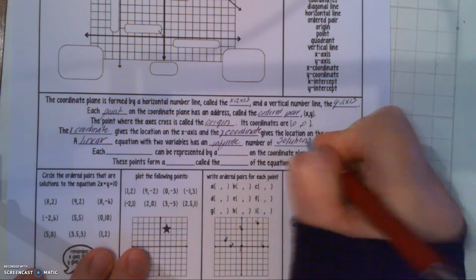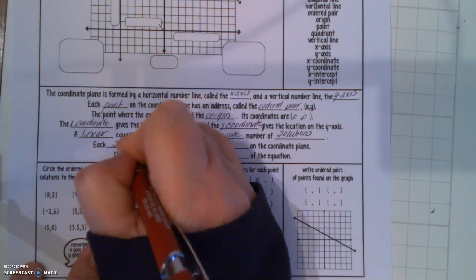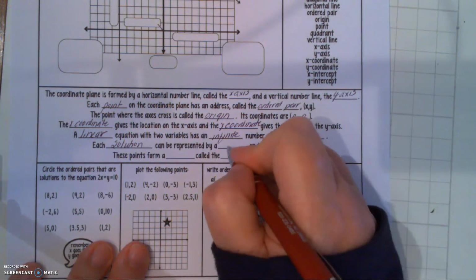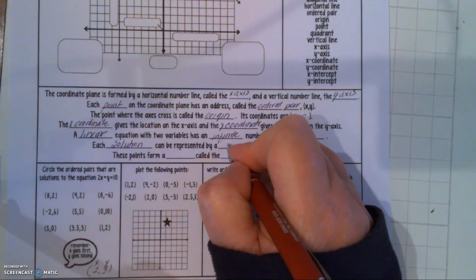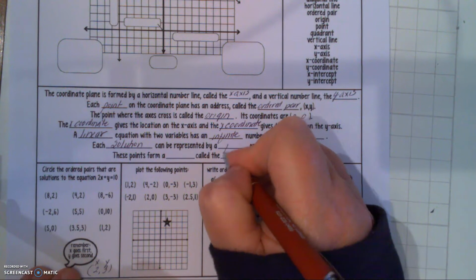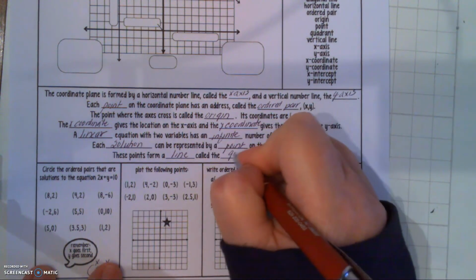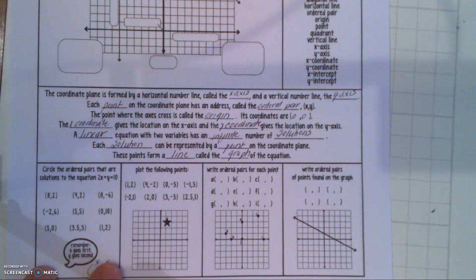Okay? Each solution can be represented by a point on the coordinate plane. These points form a line called the graph of the equation. Okay? So now I'm going to go up here and we're going to fill in the blanks.